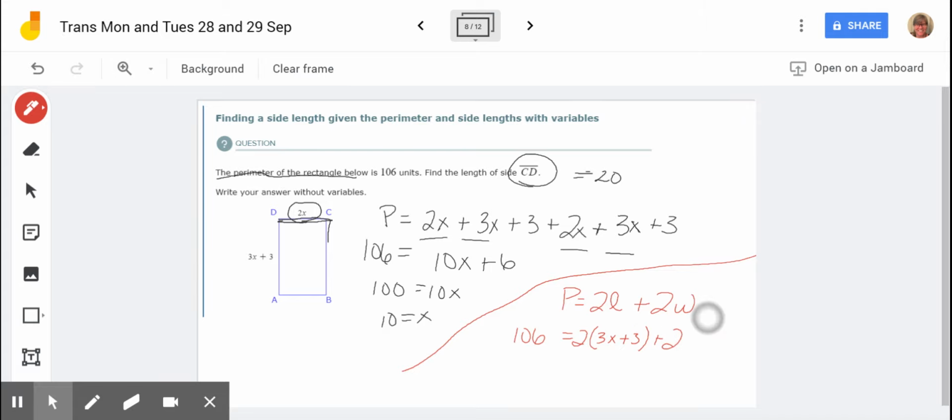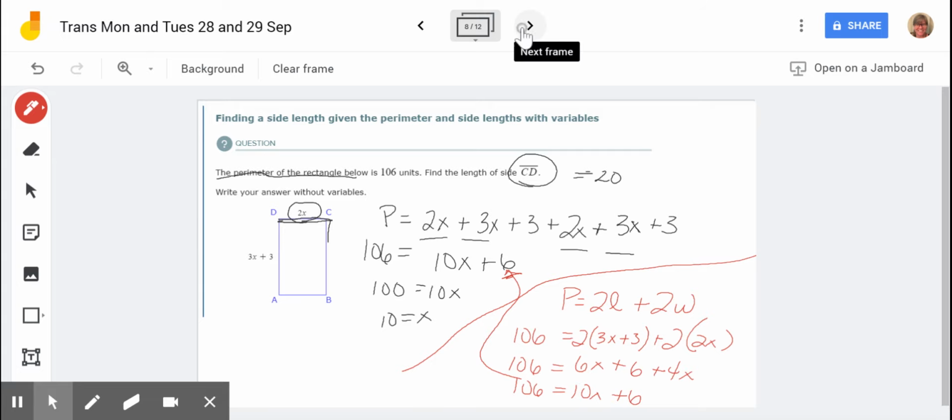That's that 2. What's the width? 2x. This is substituting it in, and you would get 106 equals, distribute, 6x plus 6 plus 4x. 106 equals 10x plus 6, and there we are. Okay, so either way will work, totally fine.